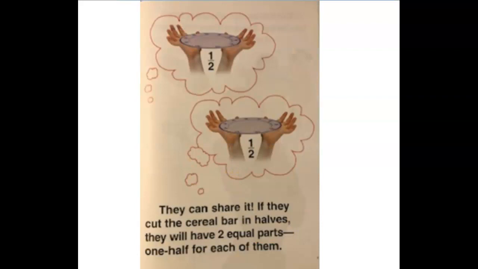They can share it. If they cut the cereal bar in halves, they will have 2 equal parts, 1/2 for each of them. So we're going to want to cut the cereal bar into 2 parts.